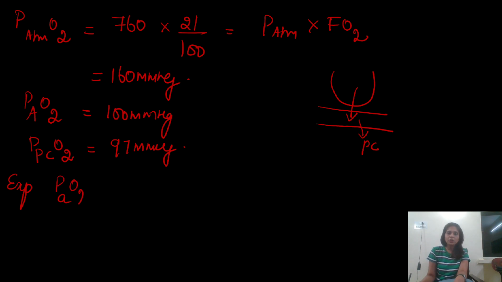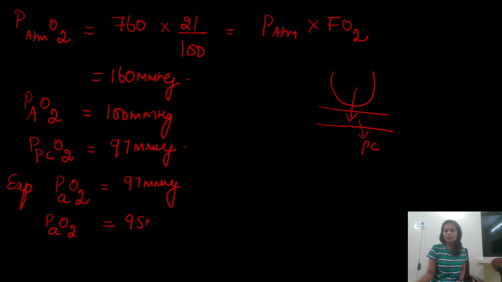So the expected arteriolar partial pressure of oxygen, please remember, capital A stands for alveoli and small a stands for arteriolar, is 97 millimeter of mercury. On the contrary, the actual arteriolar partial pressure of oxygen is just 95 millimeter of mercury.